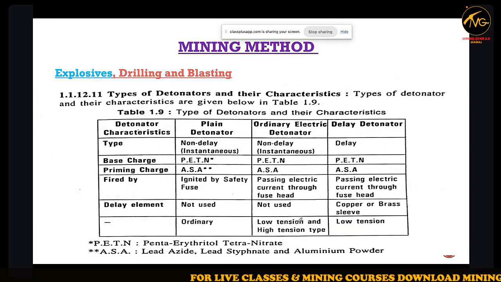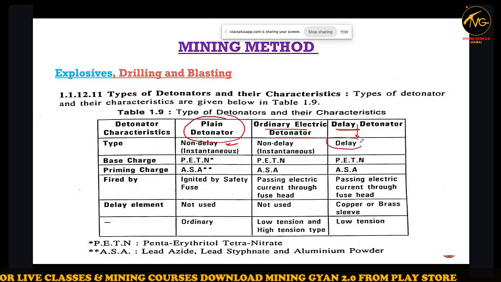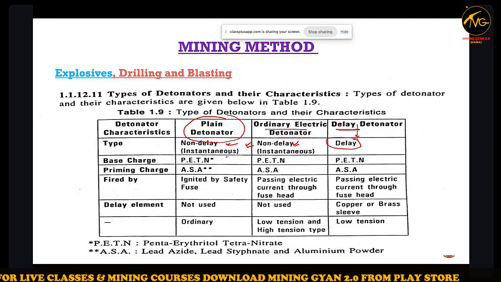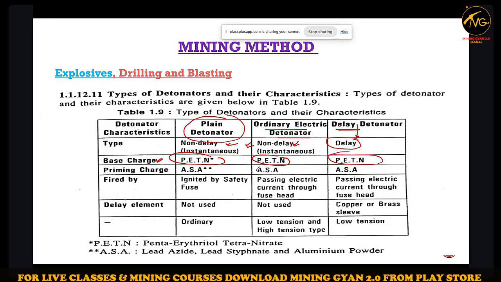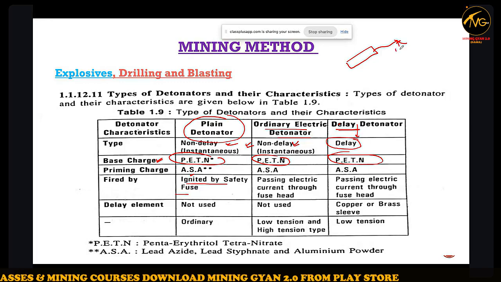Type of detonator. We have talked about plain detonator, ordinary electrical detonator, and delay detonator. So only this one is delay detonator, the others are not delay detonators. These all fire instantly. Base charge PETN will be used in all. Priming charge ASA, ignited by safety fuse. I have told you that if it is gunpowder, you can fire it directly like a firecracker.